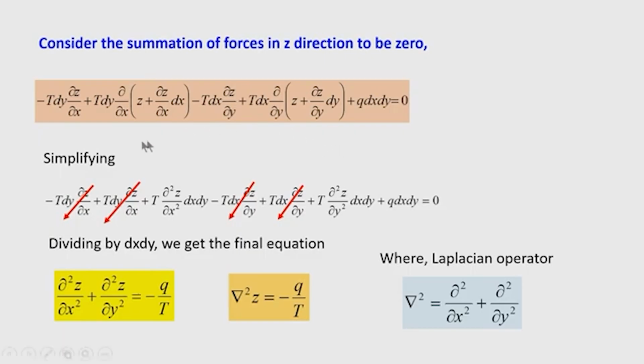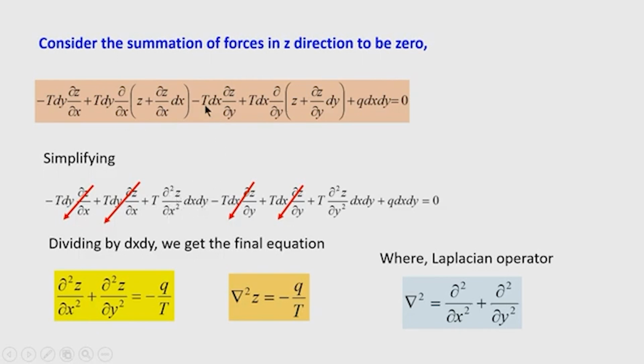And you can see after the simplification, that is if I do the term by term multiplication, then we get T dy dz by dx, and then we get here T del square z by del x square dx dy. dx is already there and this double derivative will come here, del square z by del x square.